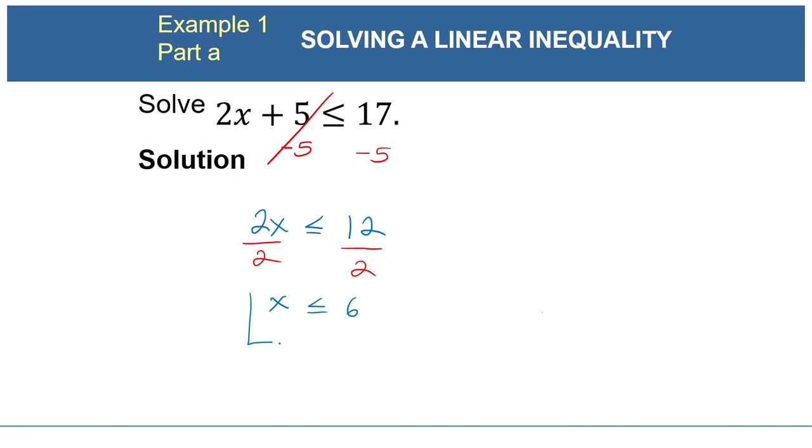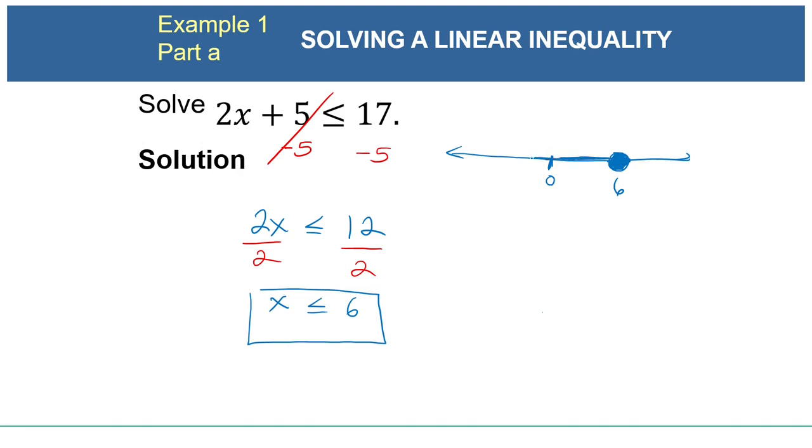This is our solution as an inequality: x is less than or equal to 6. I can also graph this on a number line. I can put the 0 here to represent the center of my number line, and the 6 is somewhere on the right. Let's put a closed circle because we know that x could be equal to 6, and we're going to shade all of the values of x that are less than 6.